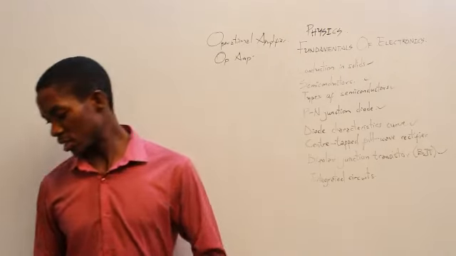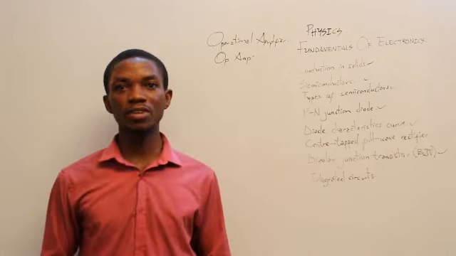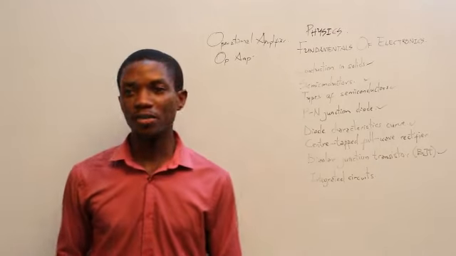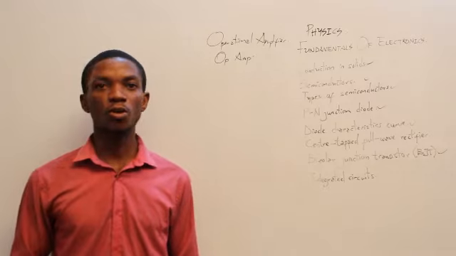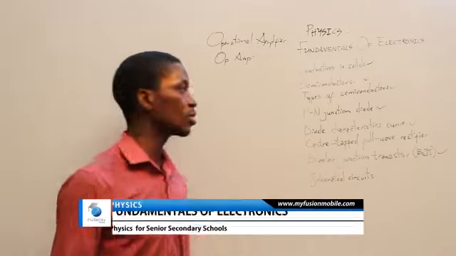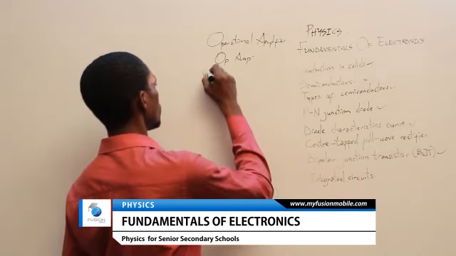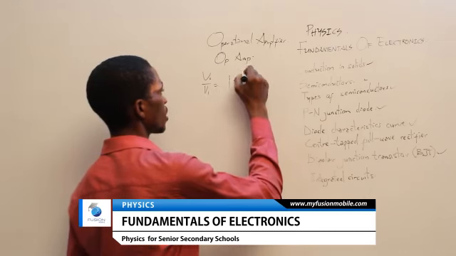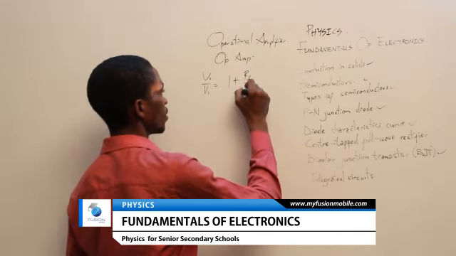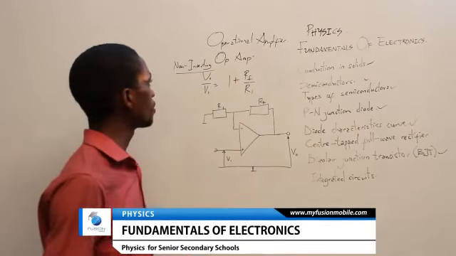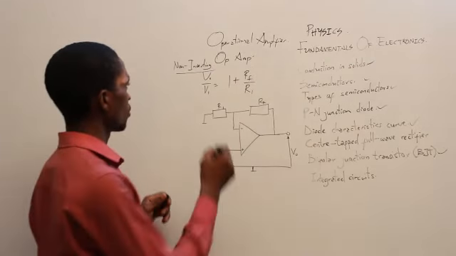For the non-inverting op-amp, we have an expression for the voltage gain. The expression for the voltage gain is given as VO over V1 equals 1 plus RF over R. For the non-inverting op-amp, we have this expression that holds for it.